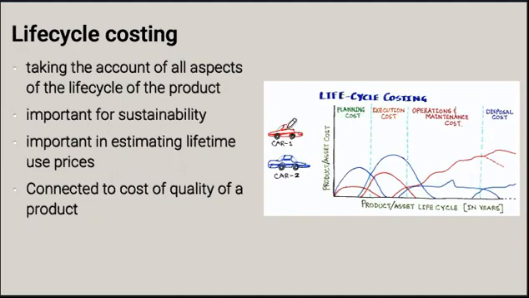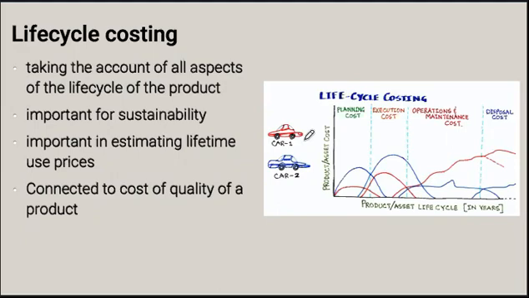So from that point of view, it might be a more economical decision by the customer to select the second car rather than the first one, even though the original cost of the first car is actually somewhat less than that of the second car.